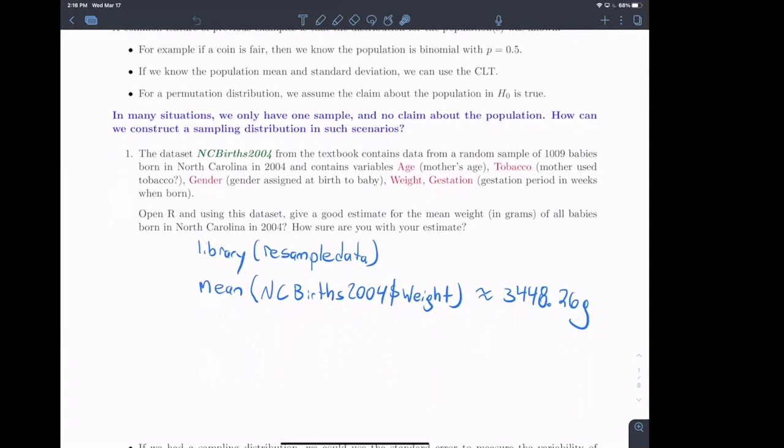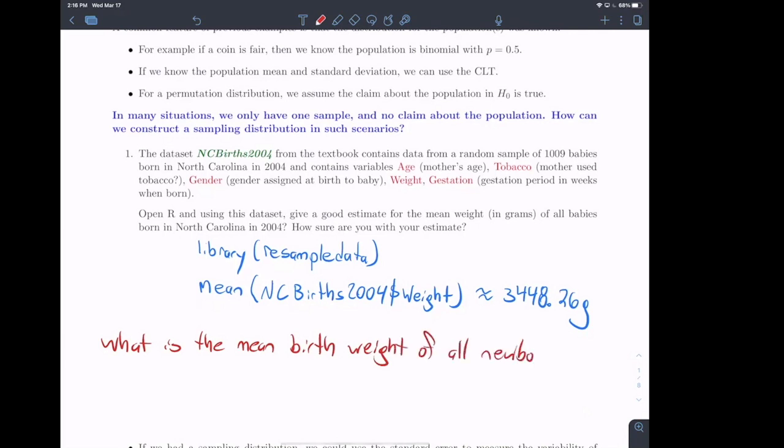And so the question might be... and if we want to be careful that we're not biasing things, then our sample came from people that were born in North Carolina in 2004.